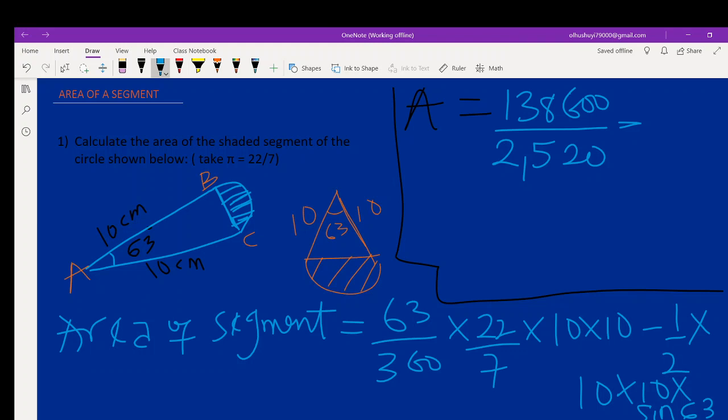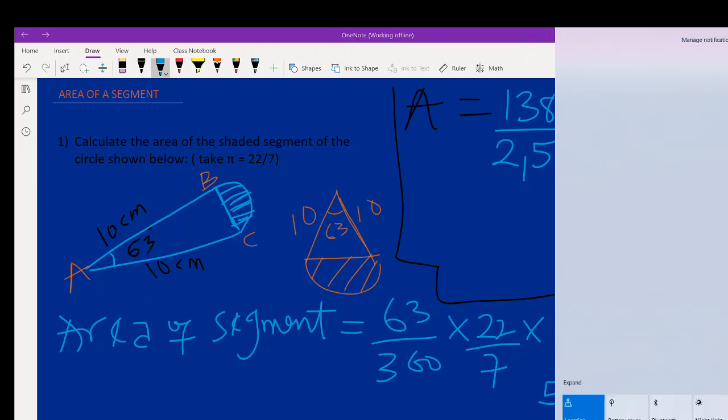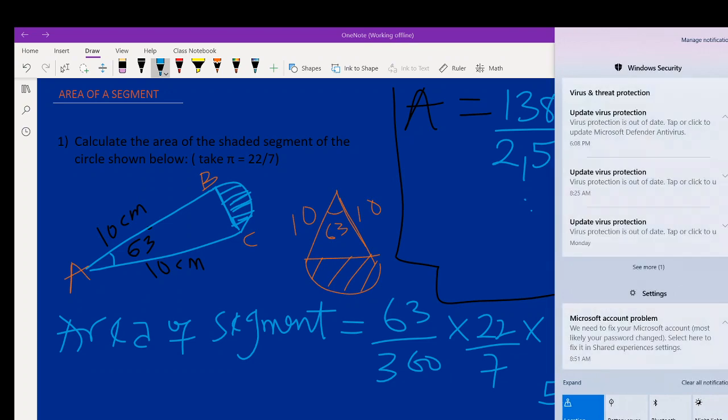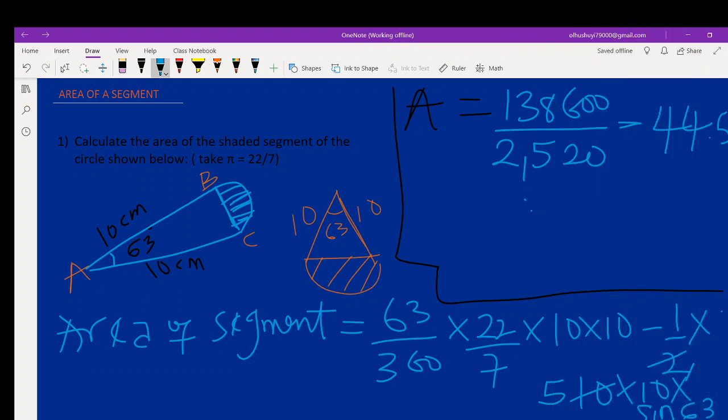Ten times ten is 100, half of that is 50, times sine 63. Sine 63 times 50 gives 44.55.